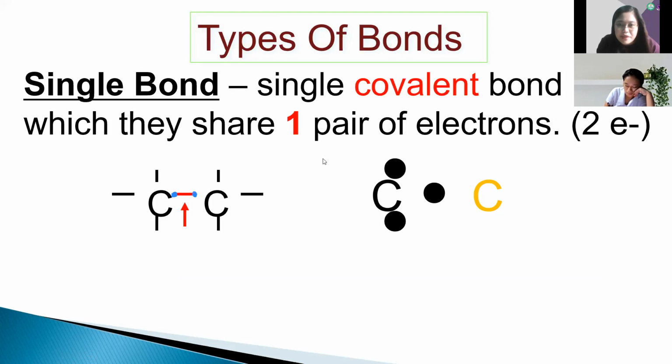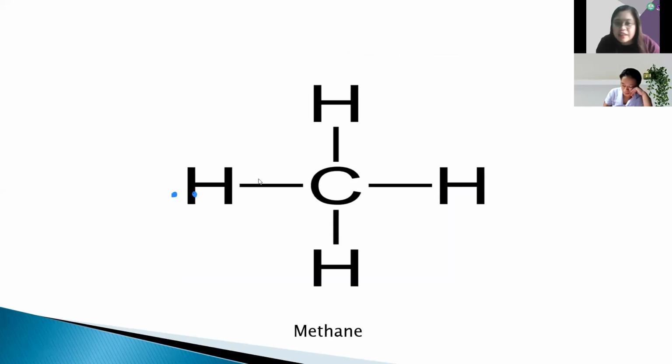So remember that carbon has 4 valence electrons, and that it does not really transfer the electron, but instead nag-share siya. So if we have 2 carbons sharing 1 electron each, ayun, mabubuo yung ating covalent bond, which is a single bond. So we have here the methane. It is not only for carbon to carbon bonding.